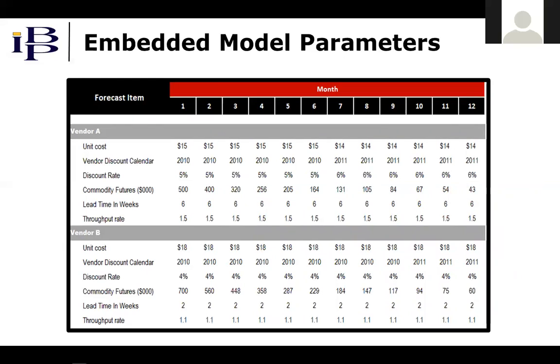So rather than a financial person going out and trying to figure out how changes to buying patterns are behaving, all I need to do is have a vendor update it, and the model will take care of the rest. And one of the things that this does is it collapses the planning process. So you now have the ability to get people to update all their models all at once and support what we call more concurrent planning processes.